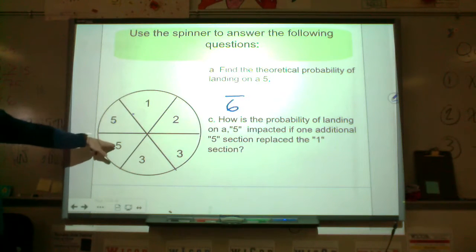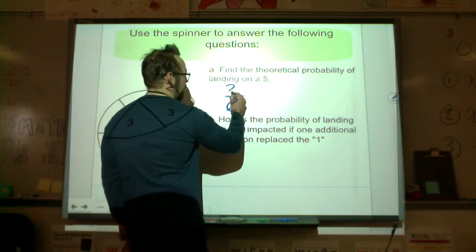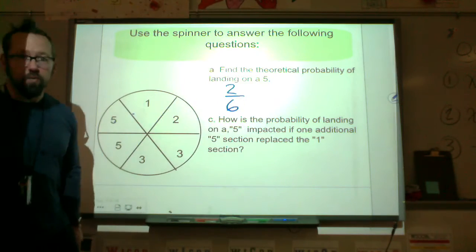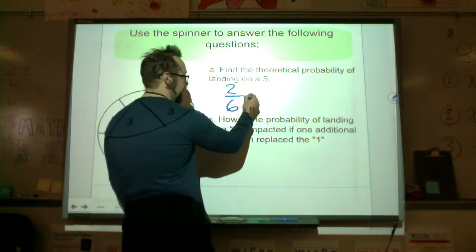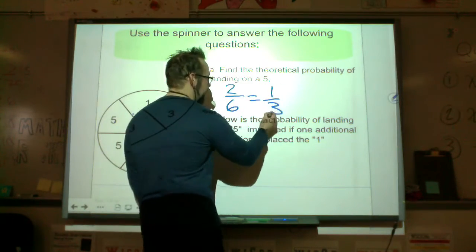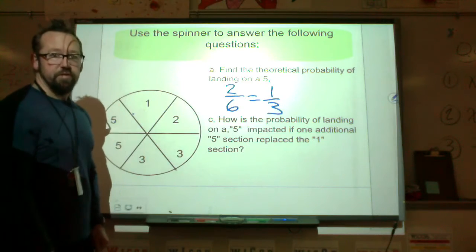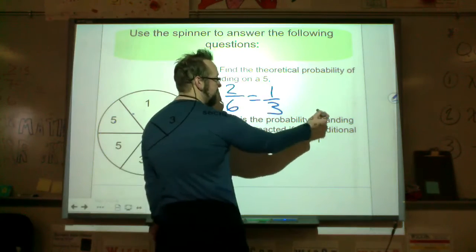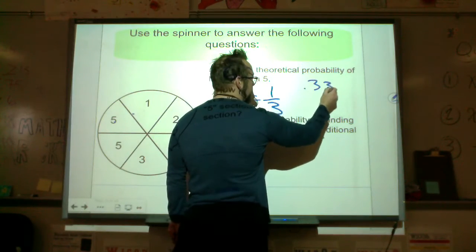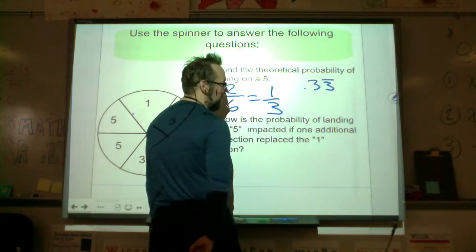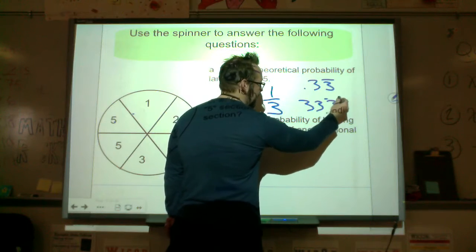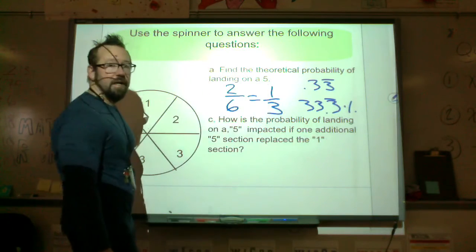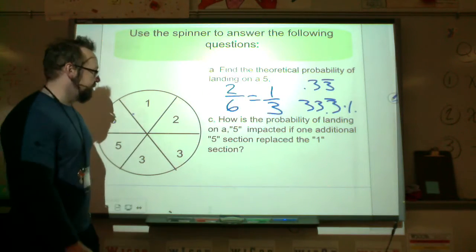It's not just 1, there's 2. So it would be 2/6. And if you are wondering if we reduce, we absolutely do. So this would actually be 1/3, and hopefully that looks familiar to you. 1/3 would be as a decimal 0.33 repeating, and as a percent, 33.3 repeating percent. And we'll have to be able to do all of those.